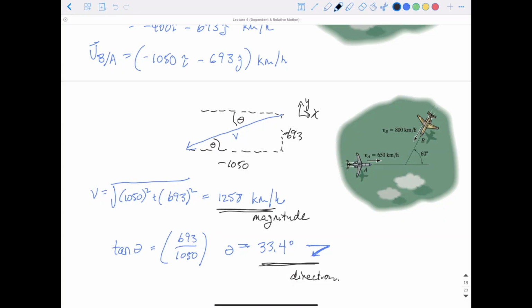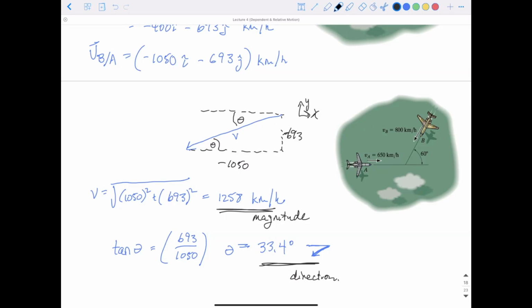Yeah, so the way that Brightspace works for that, I can do significant figures, but it's somewhat of a headache. So what I'll do for my questions is I will tell you what to round to. So for a question like this, I would say, what is the magnitude of the velocity of plane B with respect to plane A? Round your answer to the nearest kilometer per hour.